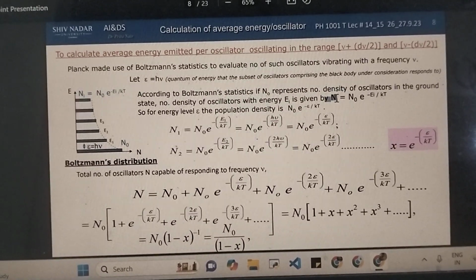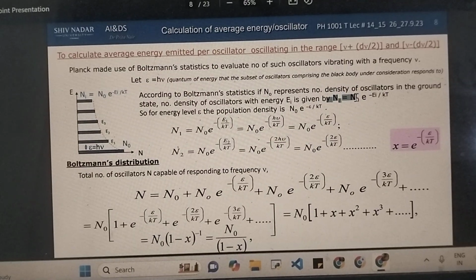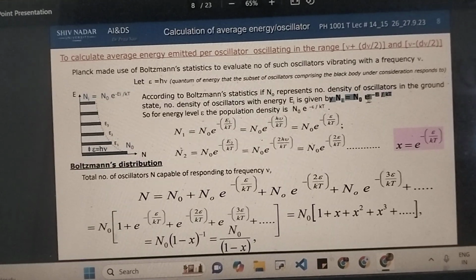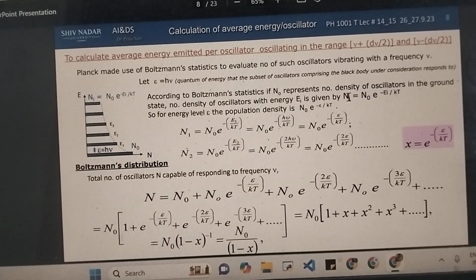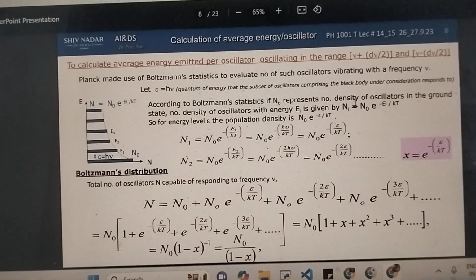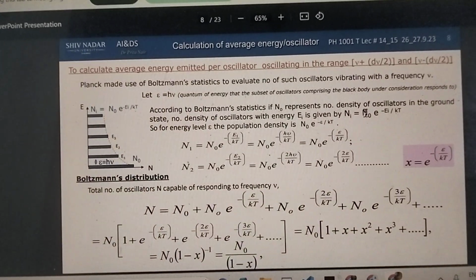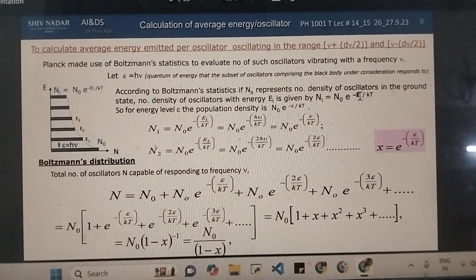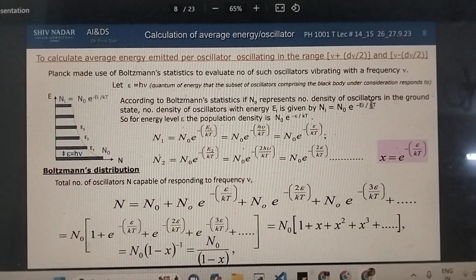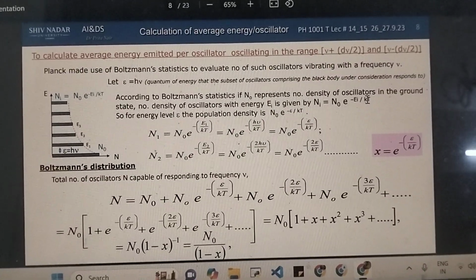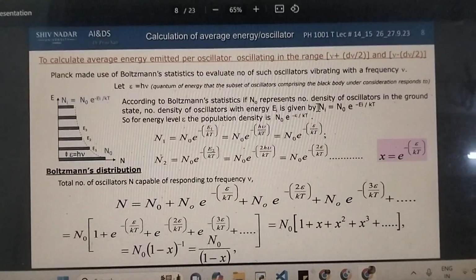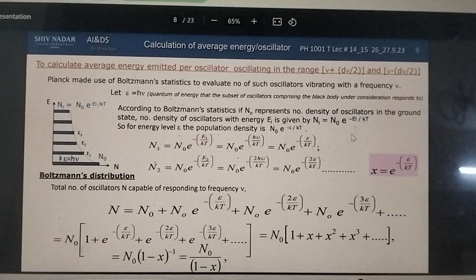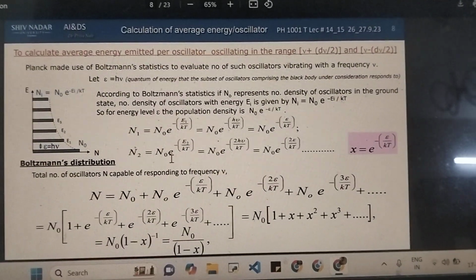The number of oscillators in the ith level is given by n_i = n0 e^(-Ei/kT), where n_i is the number of atoms or oscillators present in the ith energy level, n0 is the number of atoms or oscillators present in the 0th level, that is the ground state, Ei is the energy of the ith energy level, k is the Boltzmann constant, and T is the temperature. This was the formula given by Boltzmann, and Planck started with this formula to derive his expression.